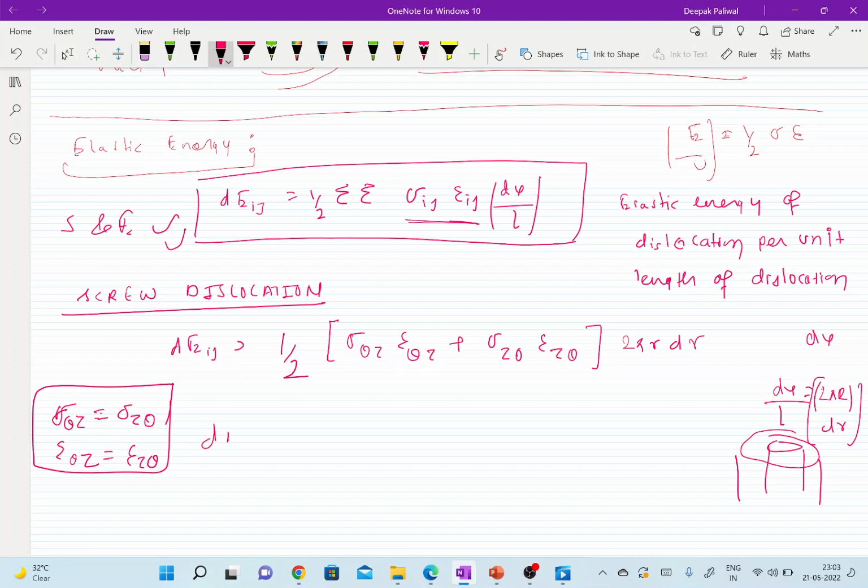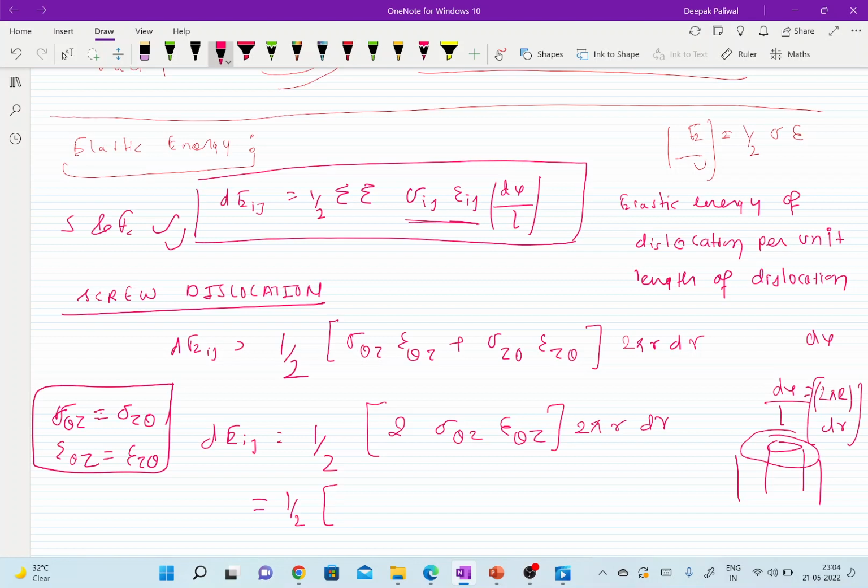So dE is 1 by 2 times 2 sigma theta z epsilon theta z, times 2 pi r dr.